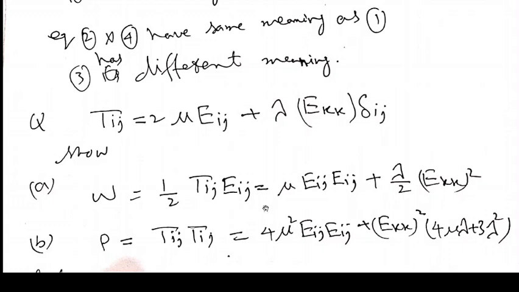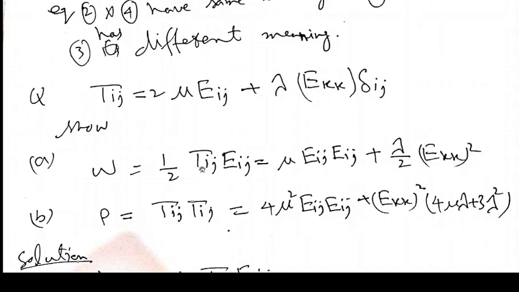Now what we have to do is show part A and part B. Part A: W equals this, equals this. We need to show this thing equals this. T is given, so we have to calculate this one.